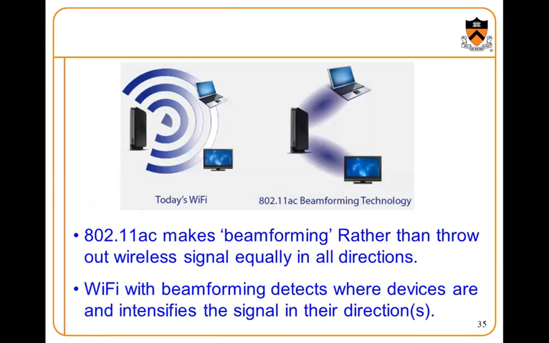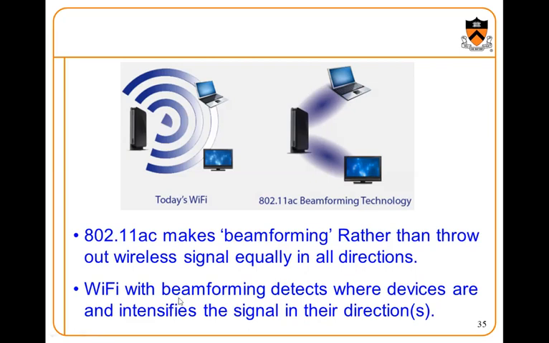Here you can see that today's Wi-Fi, 802.11ac, uses beamforming rather than throwing the wireless signal equally in all directions. So beamforming is a very important technique to save the energy of nodes and not disturb the neighborhood nodes which are not involved in this communication process.